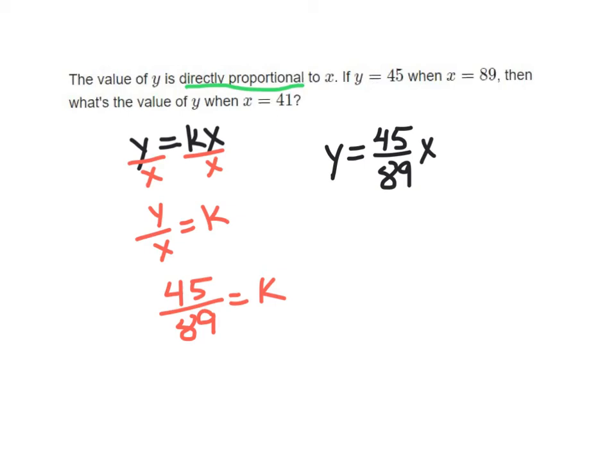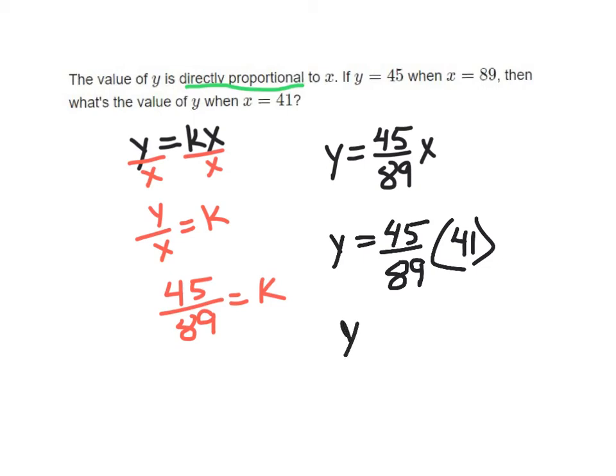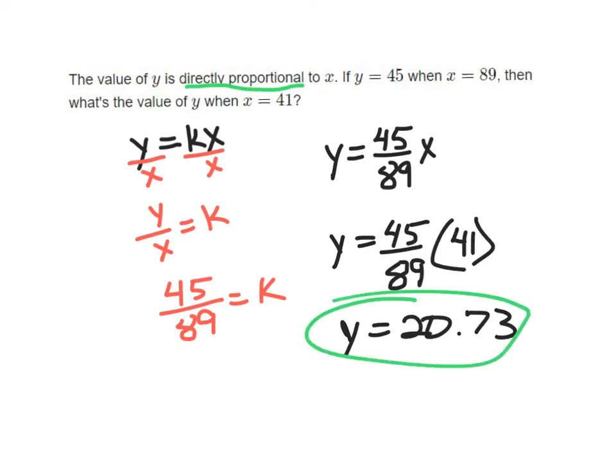And if we know that x equals 41, then we can continue working out that equation. Y equals 45 over 89 times 41. And when you work that out, you're going to get y equals 20.73. You can round that. 20.73. All right, moving on.